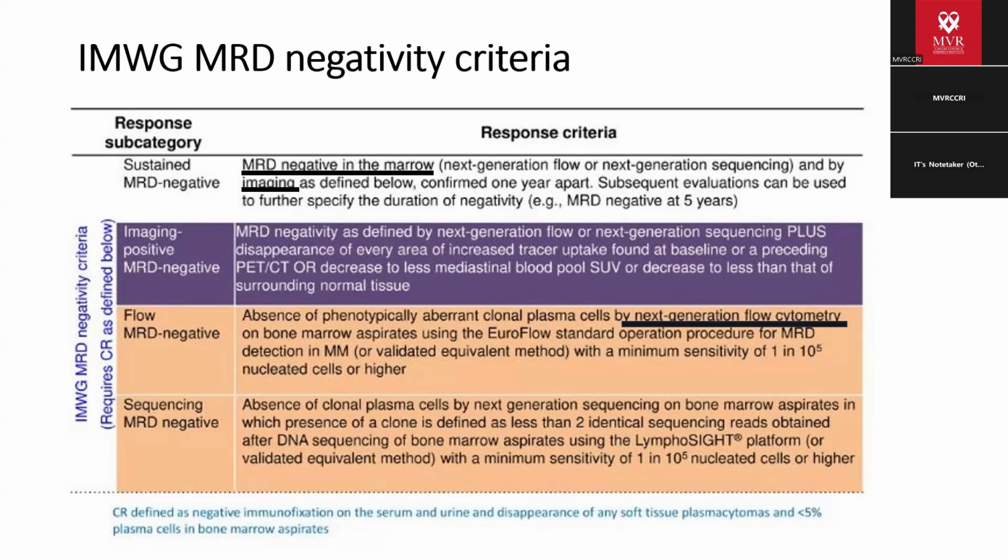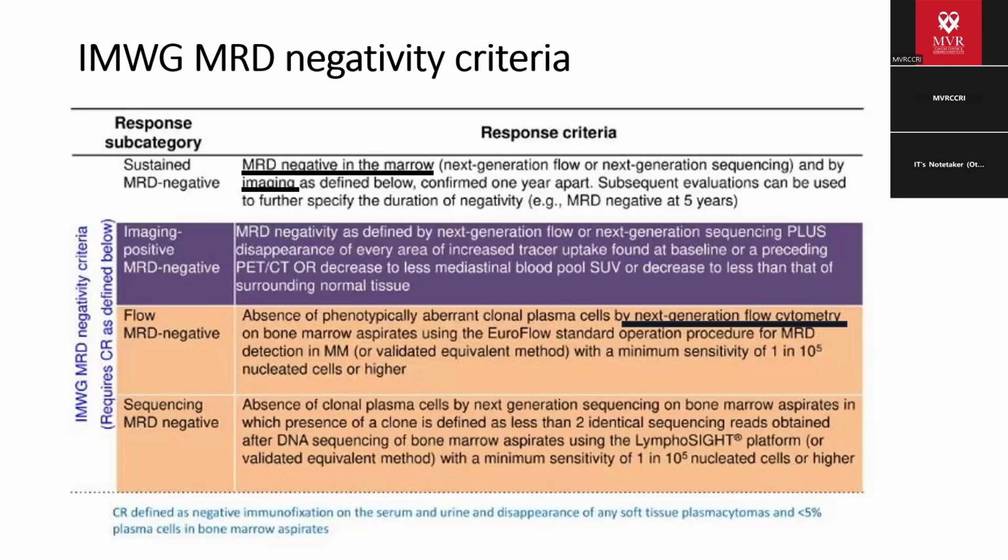So what is next generation flow cytometry? I'll tell you how it is different from the routine diagnostic flow cytometry for MRD in my later slides. Once you do this flow and there is no residual disease, we say it's flow MRD negative. And once we do sequencing and find no residual disease, we say sequencing MRD negative.